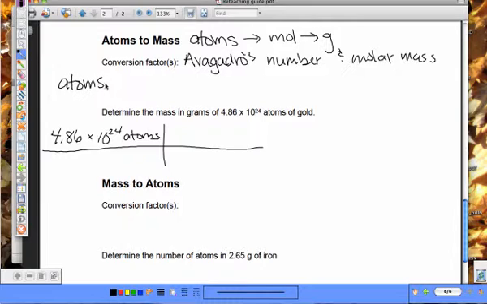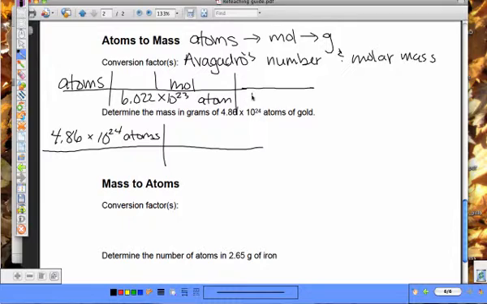We're given atoms. We'd have Avogadro's number of atoms in 1 mole. So you would divide this, and then 1 mole has a certain mass in grams, and this mass comes from the periodic table, whatever its molar mass is.